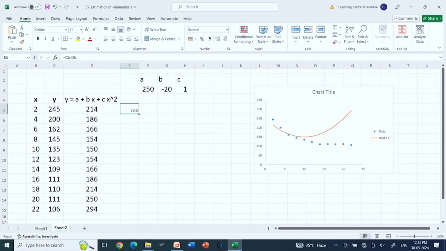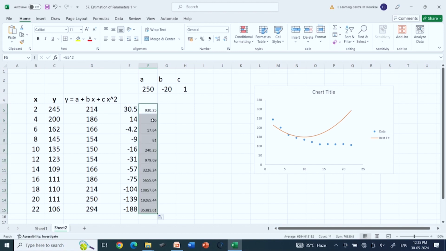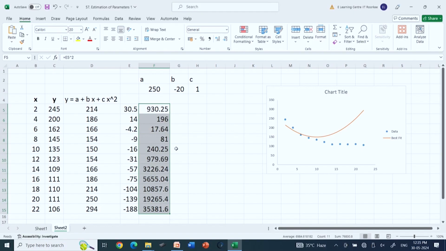So you get these values, you calculate them, then you square the errors, that is these residuals, and then the sum of the squares.